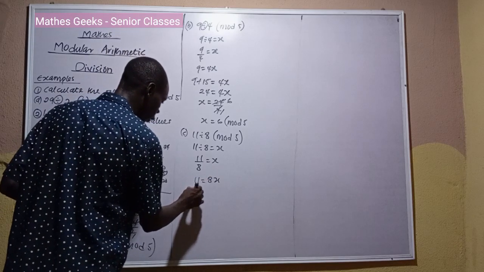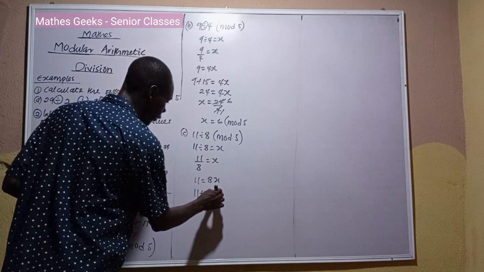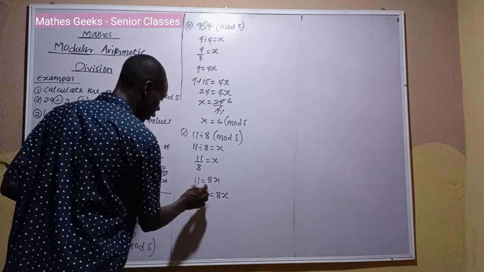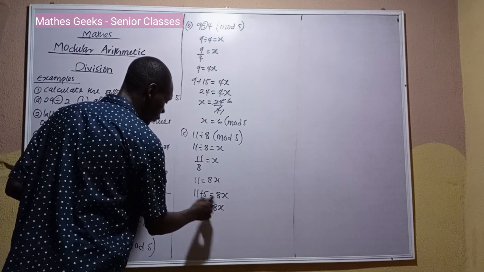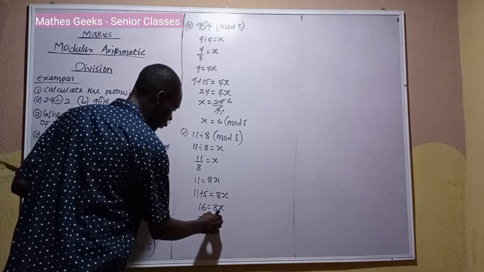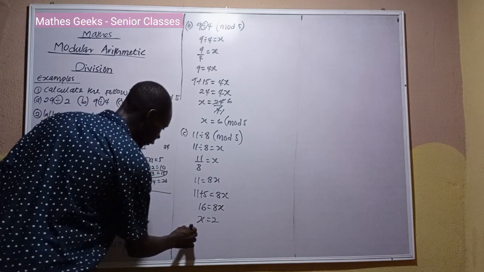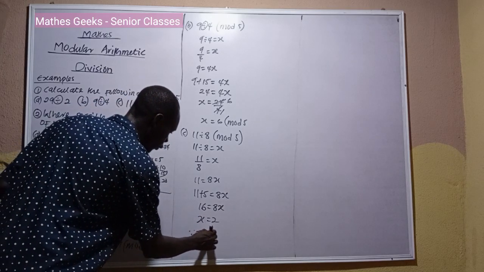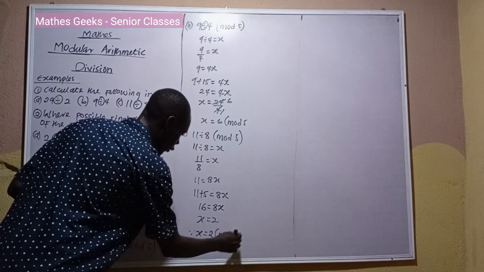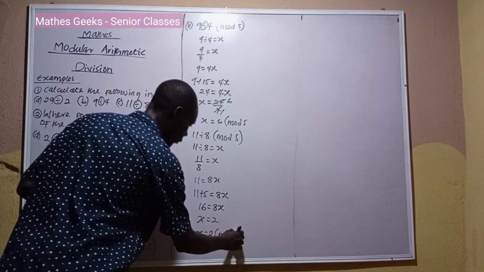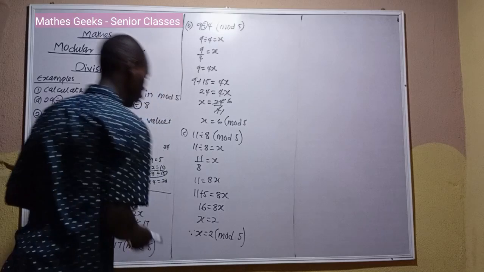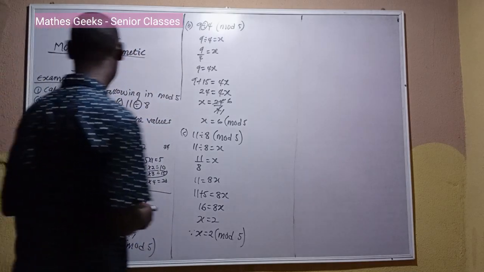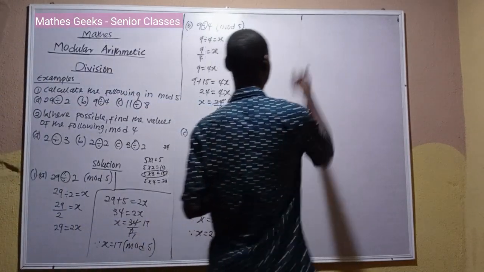So we go by that. 11 plus 5 equals 8x. 11 plus 5 is 16 over 8. So x is equal to 2. Therefore, x is equal to 2 in mod 5. Number 2.